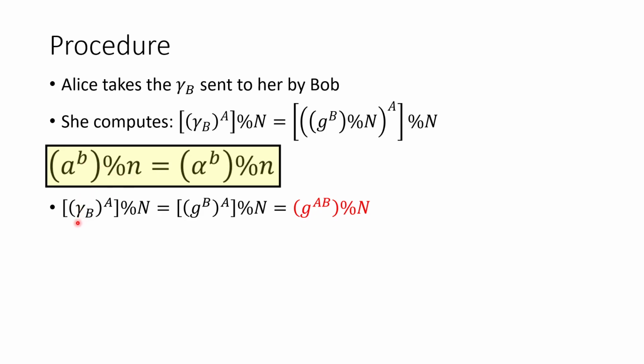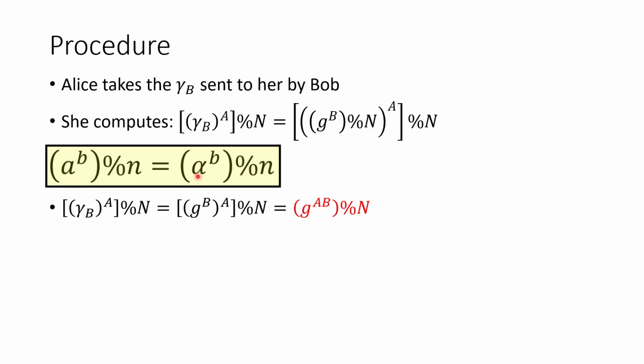Interestingly enough, we got this residue when we did g to the b mod n, so g to the b here is sort of the original number a, from which, when we do mod n, we get the residue gamma b.